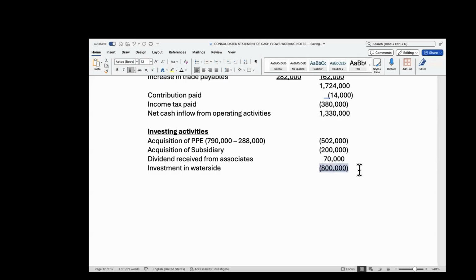So how much is this? 1,432,000 negative. Outflow.